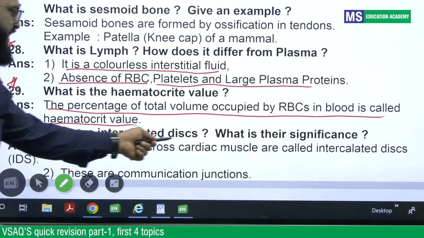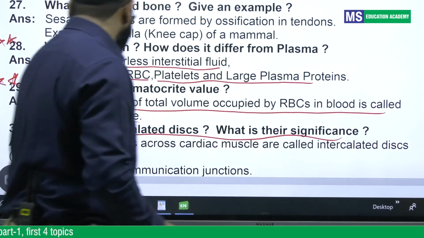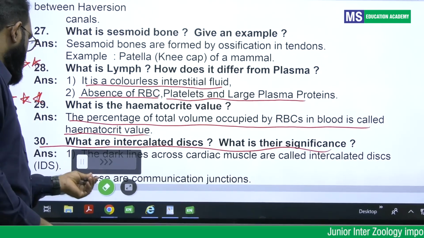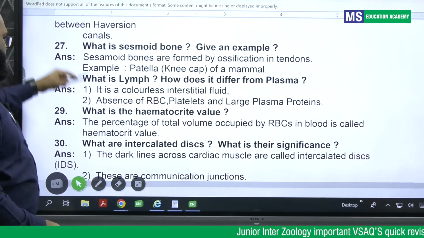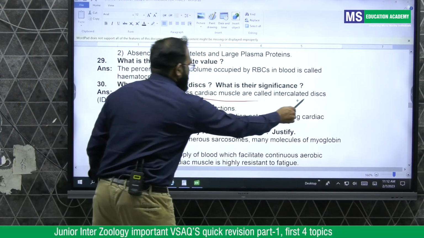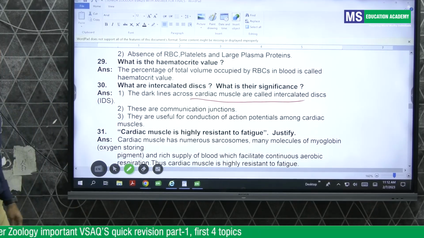What are intercalated discs? What is their significance? The dark lines across cardiac muscle are called intercalated discs.